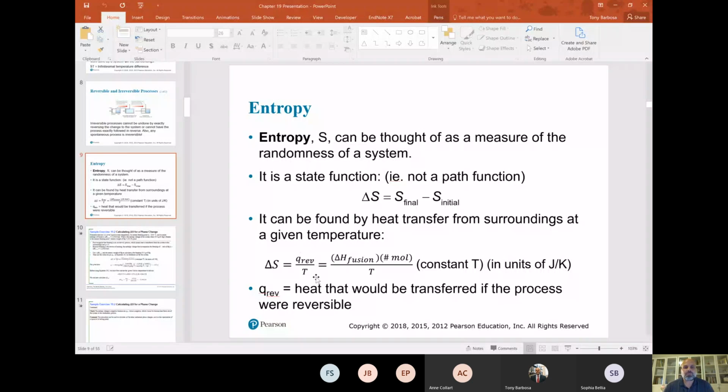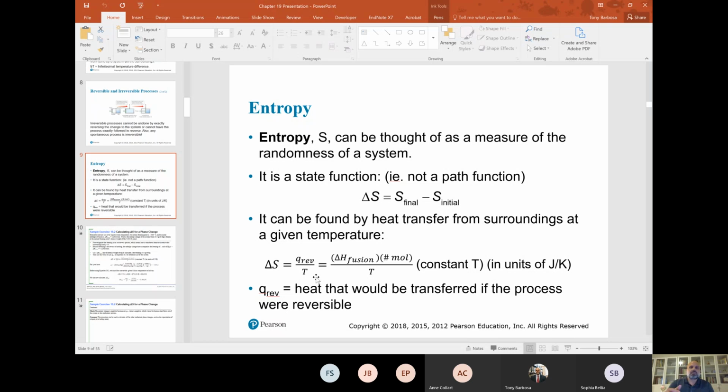Q reverse is, you see the last statement there, the heat that would be transferred if the process were reversible. So what we're talking about is the heat that's being transferred from the surroundings at a given temperature.